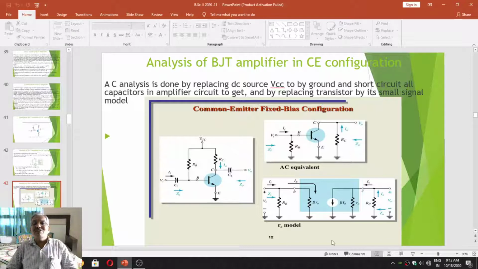Now by using this particular circuitry, we are going to calculate current gain, voltage gain, power gain, input resistance or impedance, and output resistance or impedance. So this is the resulting model, which we can call the AC equivalent circuit, to determine the current gain, voltage gain, power gain and also input resistance along with the output resistance.